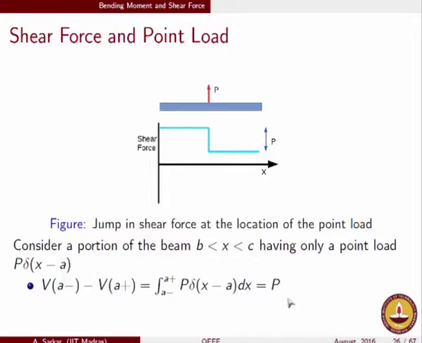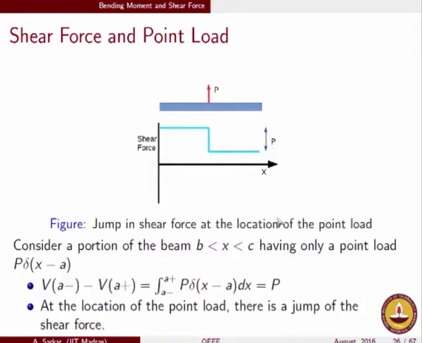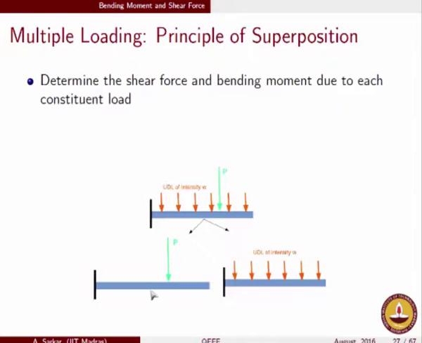Again, you will see different versions of this formula in terms of signs, because the sign convention is different across different books. So please use different example problems given in different books judiciously. Don't get confused with the signs, that would be disastrous. Okay, so at the location of the point load there is a jump in shear force, which is the moral of the story here.